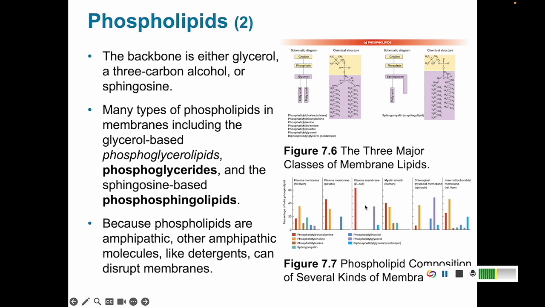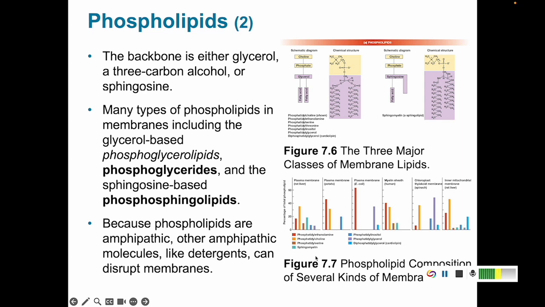Here's an E. coli bacterial membrane. It's got more phosphatidylglycerol and diphosphatidylglycerol, cardiolipin, but also still a lot of phosphatidylethanolamine. The myelin sheath of a human, part of your nervous system. The thylakoid membrane of a chloroplast from a spinach, and the inner mitochondrial membrane from a rat liver.